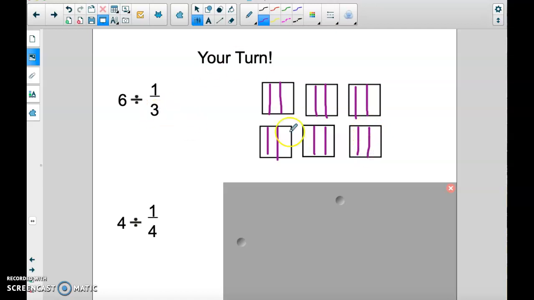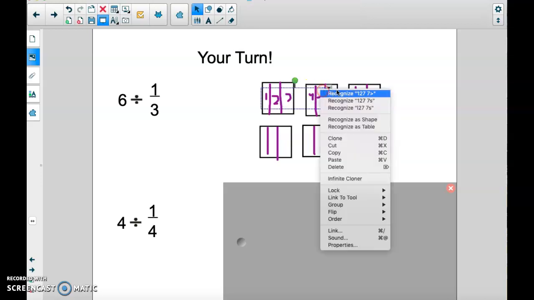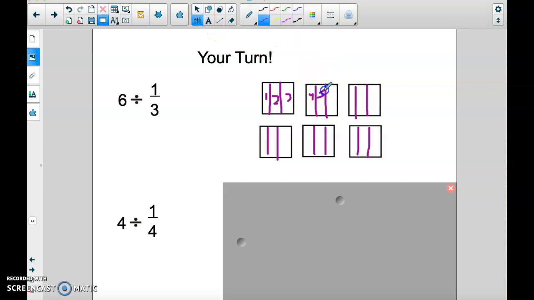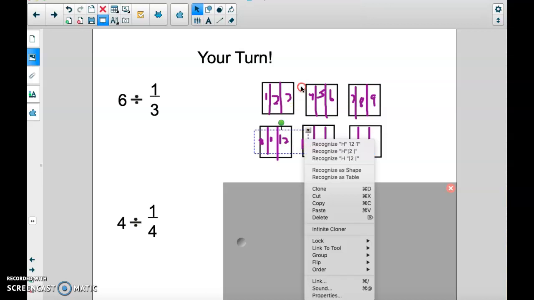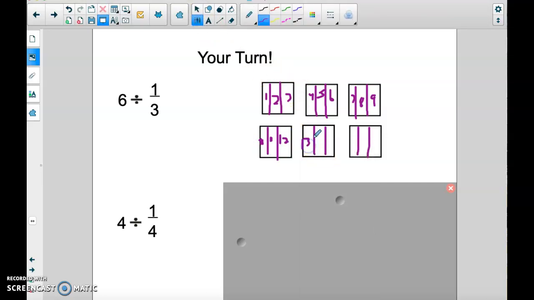And how many 1/3s are here total? 1, 2, 3, 4, 5, 6, 7, 8, 9, 10, 11, 12, 13, 14, 15, 16, 17, 18. So the answer to this is 18.